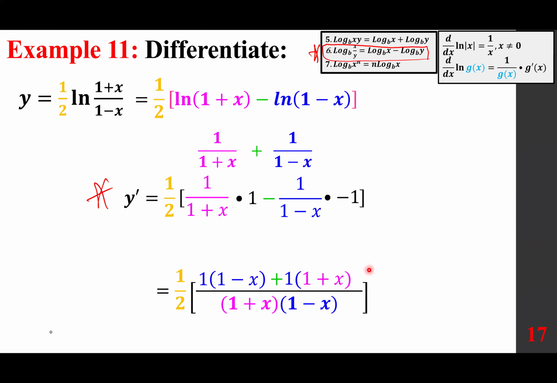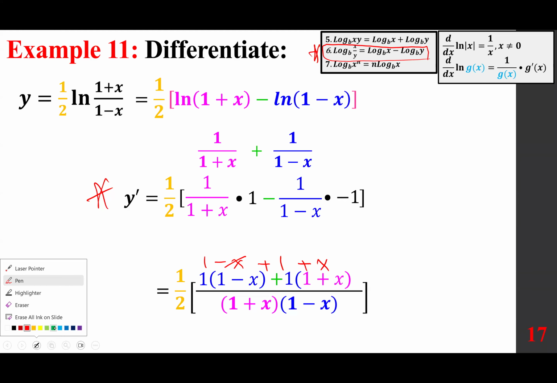And we're going to combine the numerator by writing 1 minus x plus 1 plus x. Minus x and plus x cancel each other. The numerator is just 2.